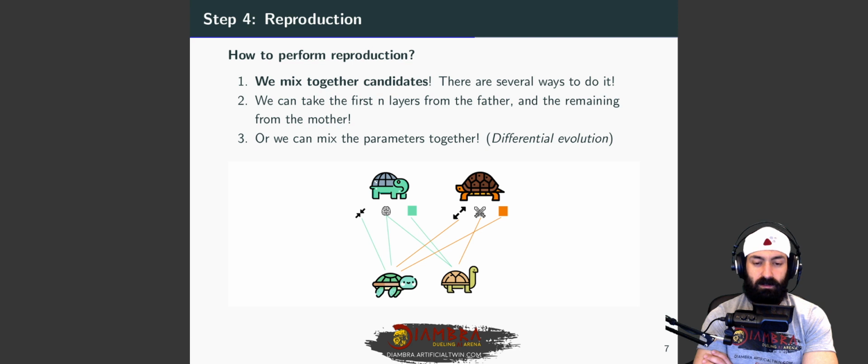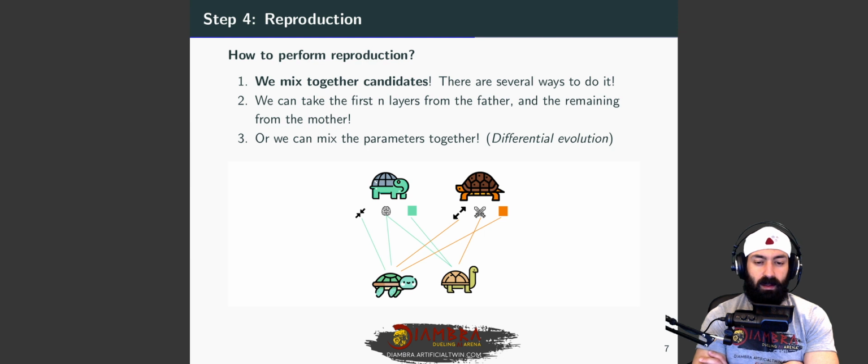The idea is to take the first n layers from one network, and we pick the remaining layers from the second network. So imagine you have a network with 4 layers. You can pick the first 2 layers from network A and the last 2 layers from network B, and you mix them together in this way.